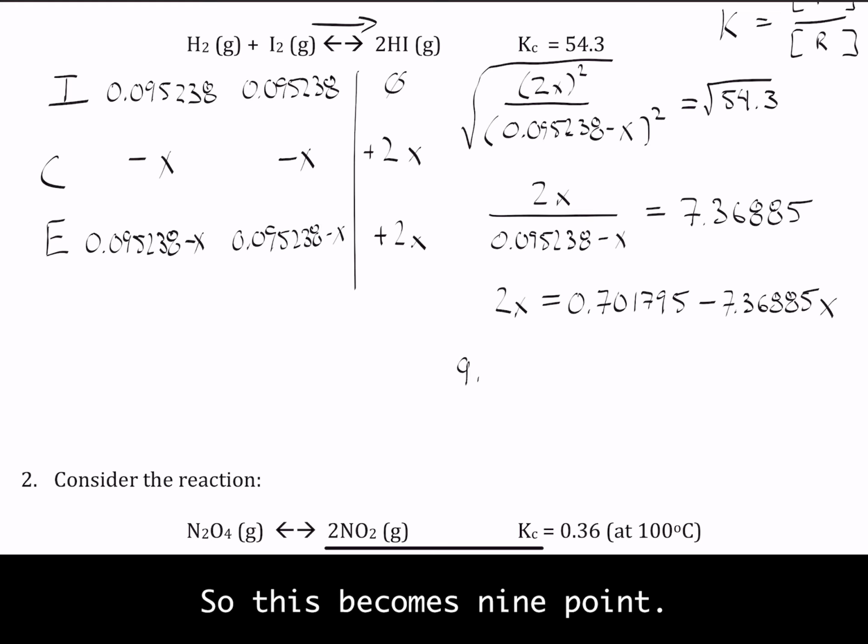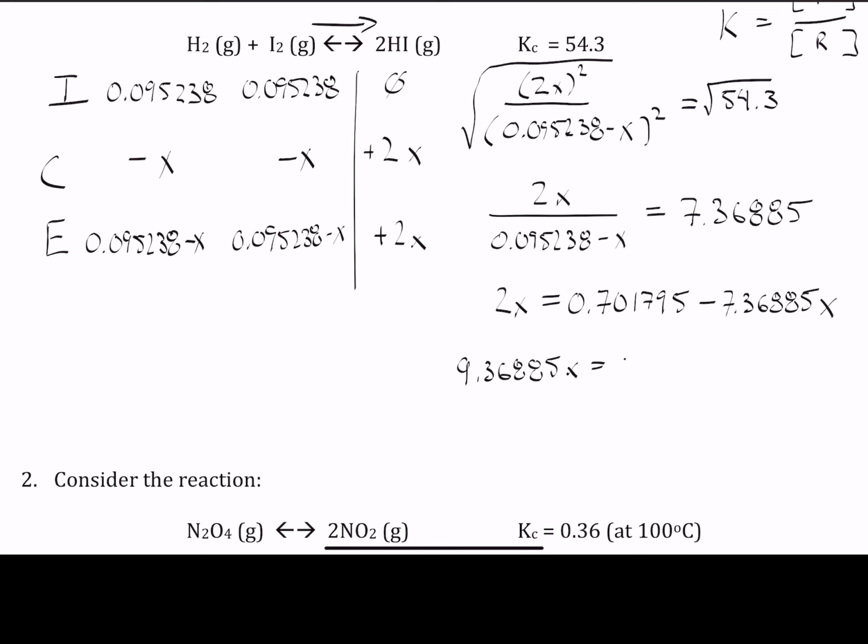So this becomes 9 point. So x equals 0.074907305.